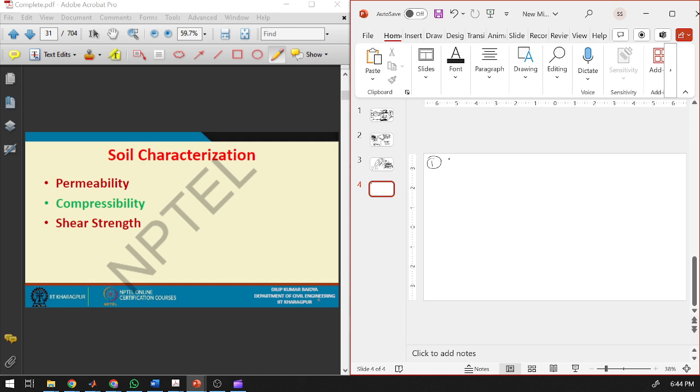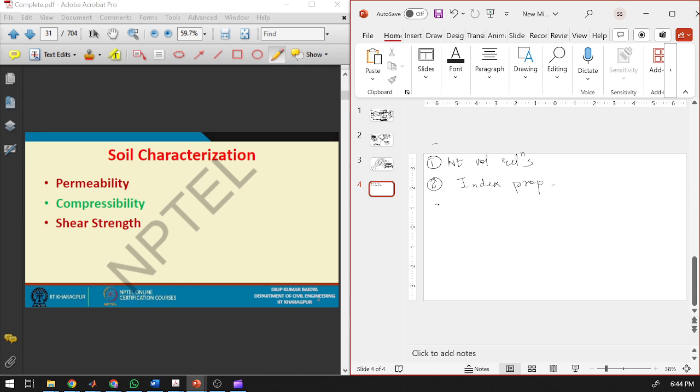First, we studied the weight volume relations. Then we studied the index properties. So this is the introduction.